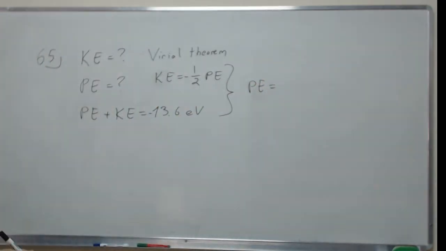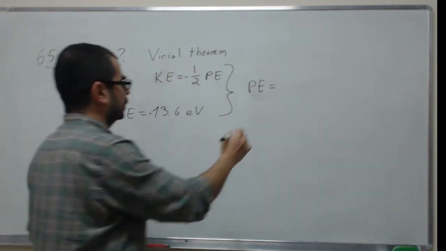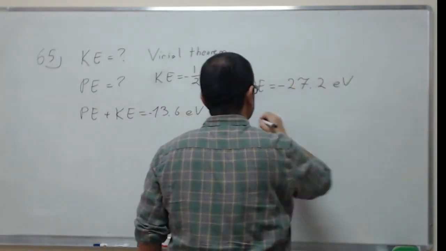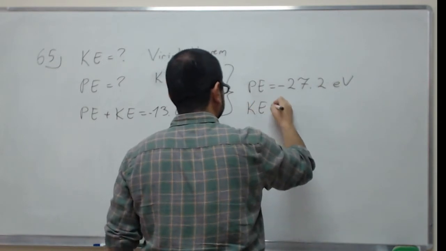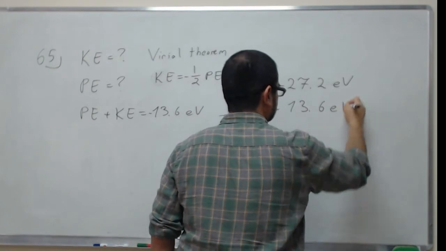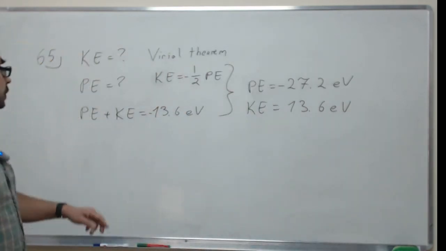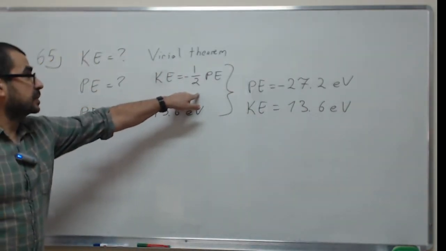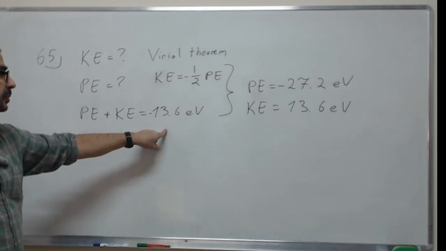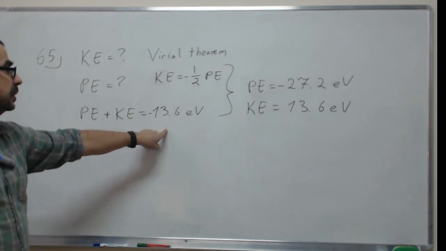So that's minus 27.2 electron volts, whereas kinetic energy is just minus this value, 13.6 electron volts. So the solution of this equation, which arises from virial theorem, plus this equation, which is the binding energy of an electron in the ground state of hydrogen, yields this result.